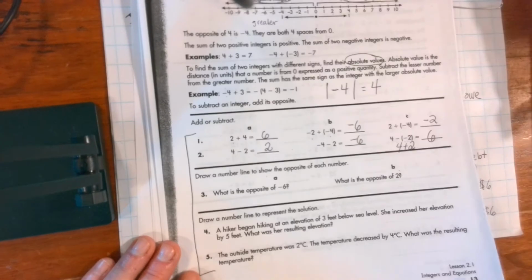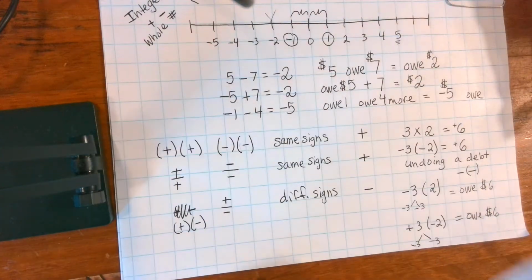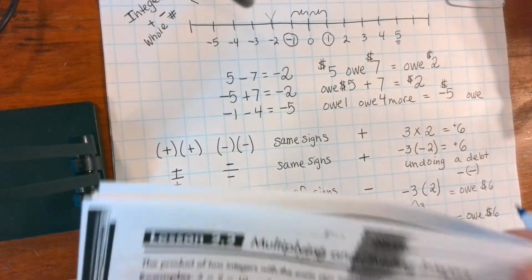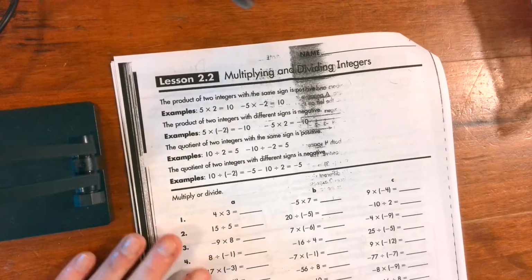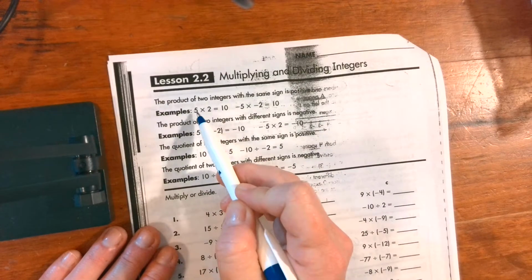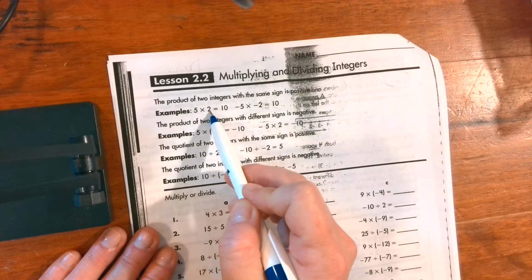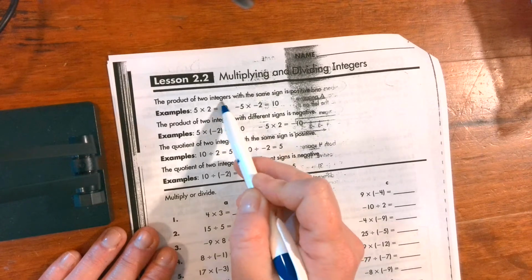Alright, so hopefully yesterday you completed the rest of lesson 2.1, and we're going to move on and look a little bit at 2.2. And we talked about this in our guided notes yesterday. We talked about how if you multiply like signs, it's positive.